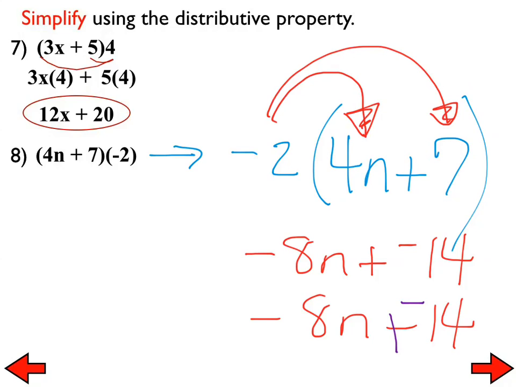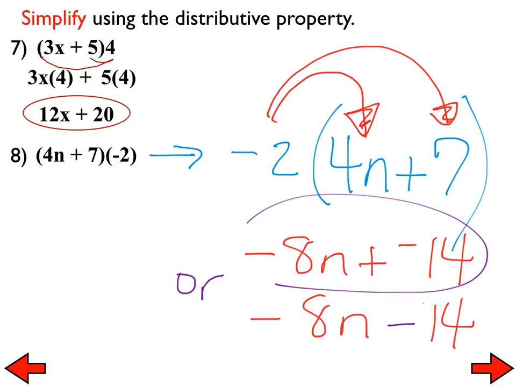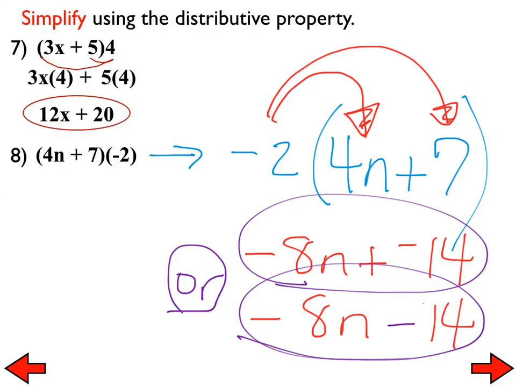So once again, it doesn't matter whether you write this problem like this or like this. They mean the same thing. They are equivalent to each other. Okay? All right, everybody try number 9 and number 10, please.